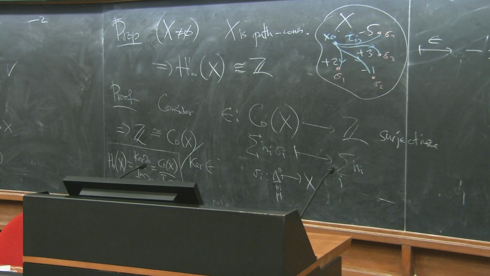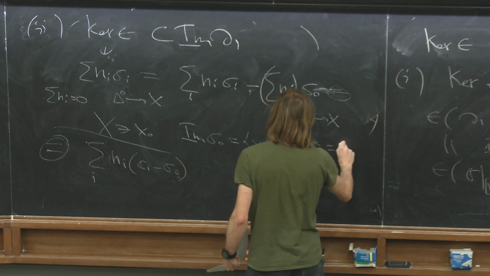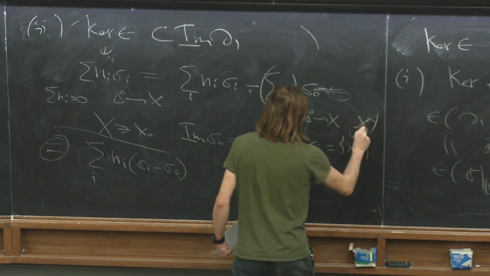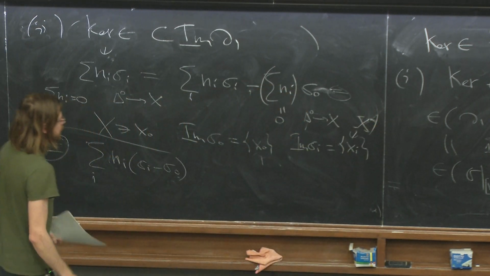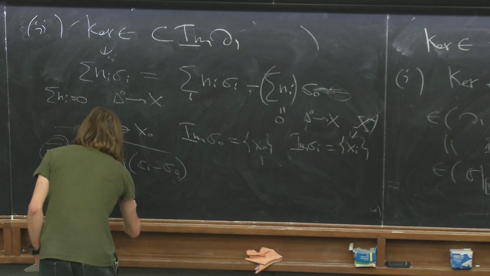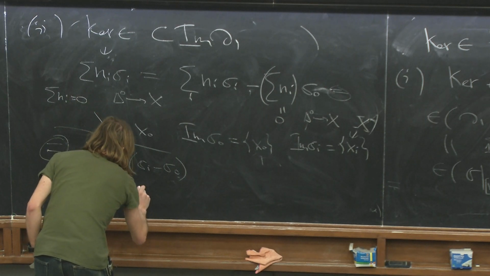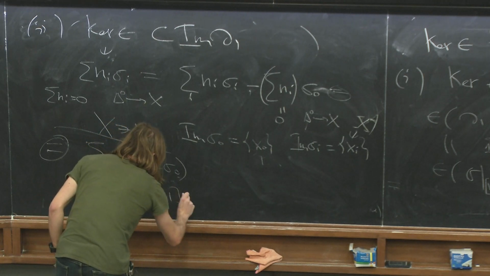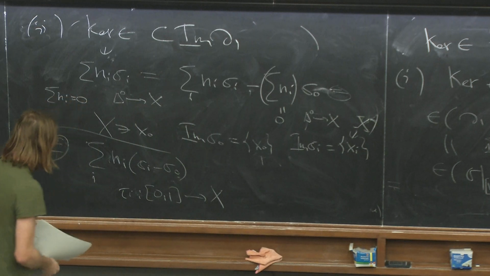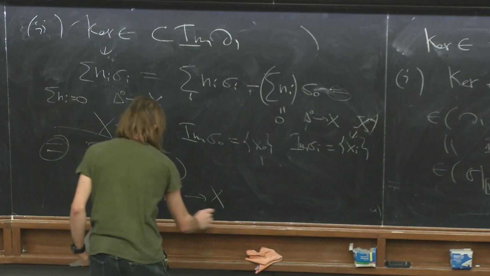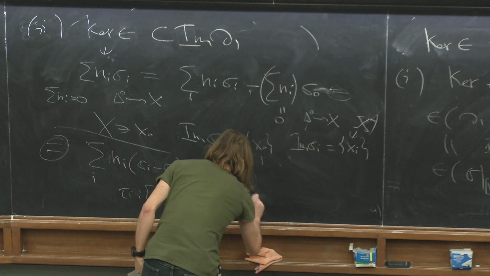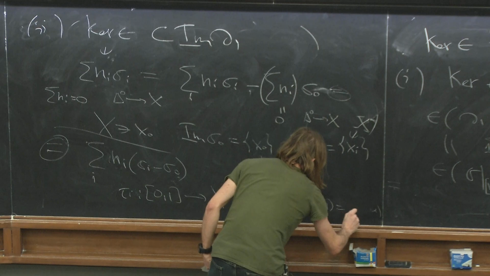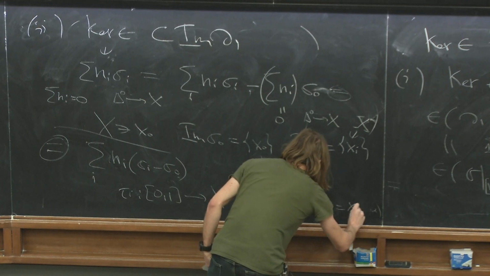Namely, if the image of sigma i was a one-point space with point xi, let me take ti to be a path in x, namely a map from the interval to x, so that ti of 0 is x0 and ti of 1 is xi.